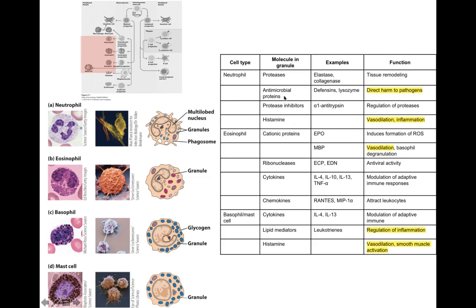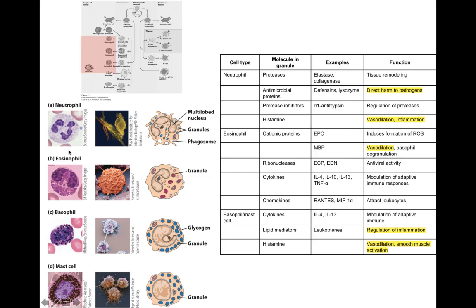Antimicrobial proteins harm pathogens. It can also release things that are important for inflammation and increasing vasodilation, which is helpful in promoting other cells to be recruited to the area, letting the body know that there's inflammation in that area.